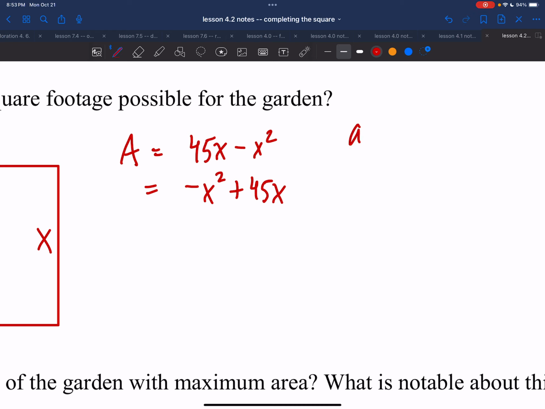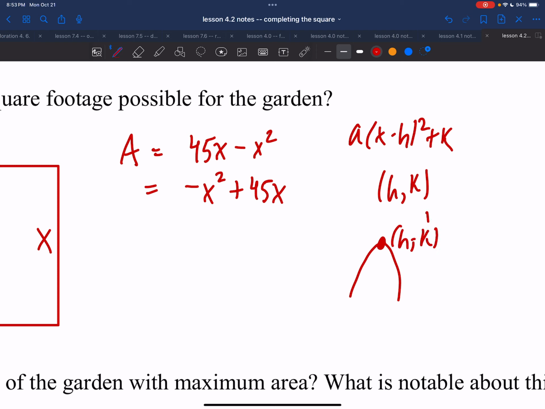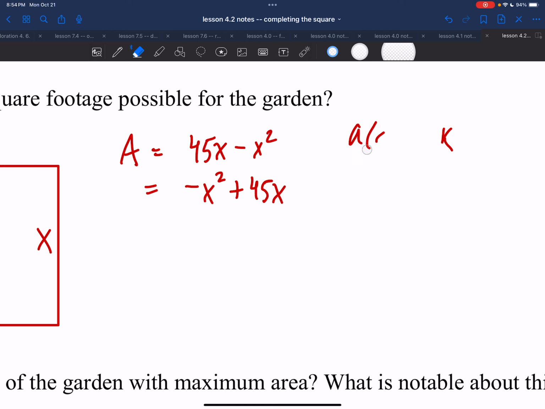Because if I had it in vertex form, which looks like this, h comma k would tell me what the vertex is. And if I wanted to know the maximum area, then I would want to know k, right? And so that's essentially the goal. So completing the square, the skill we learned from the last video, we're going to do that and find k.